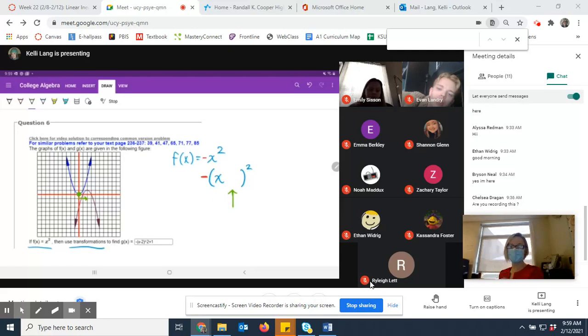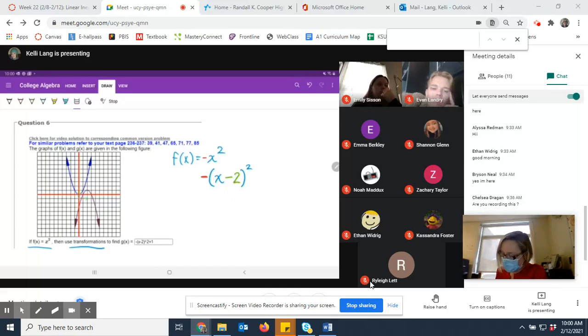So instead of simply just an x squared, I need an x plus something or an x minus something squared. So the plus or minus needs to be inside the parent function. And since we're moving right, it's the opposite of what you think it would be. We would normally think of right as positive, but since it's the opposite, we'll do minus 2 units, because we're shifting 2 units to the right.